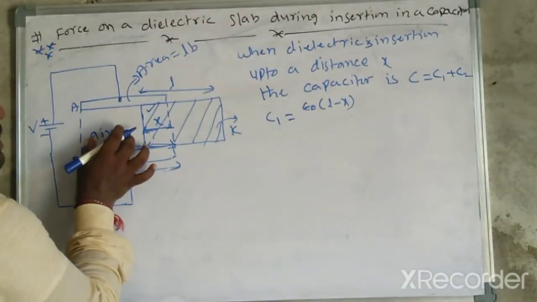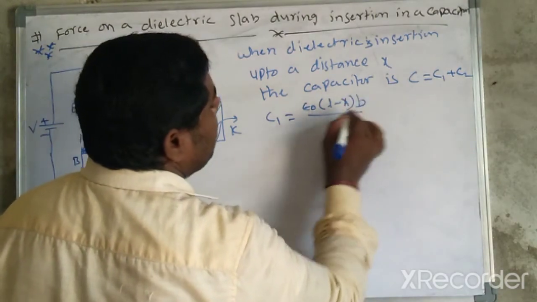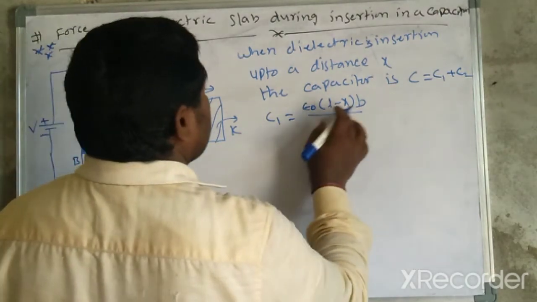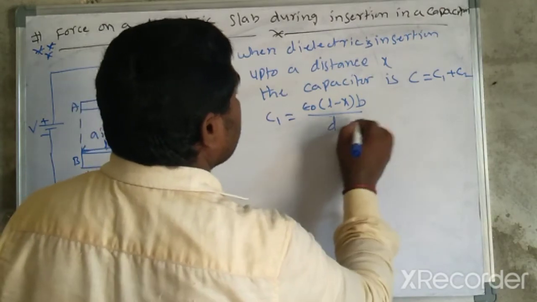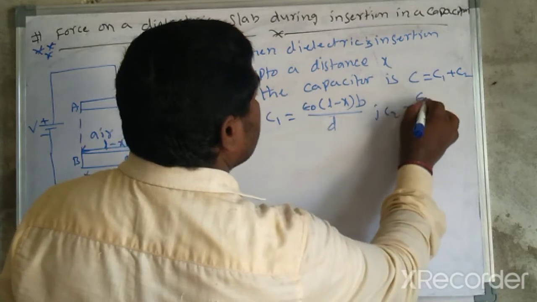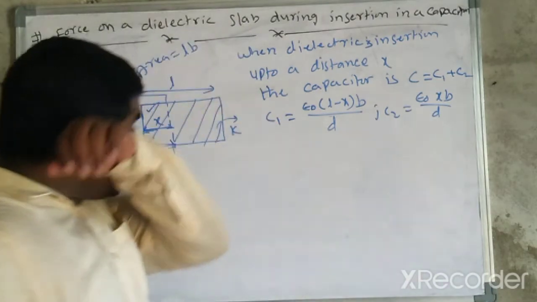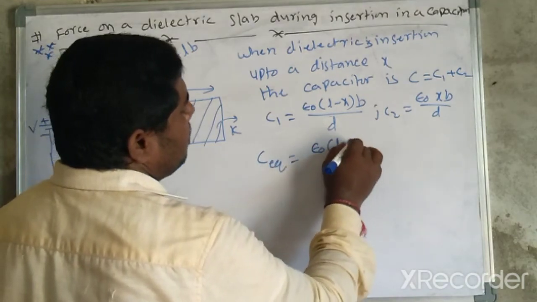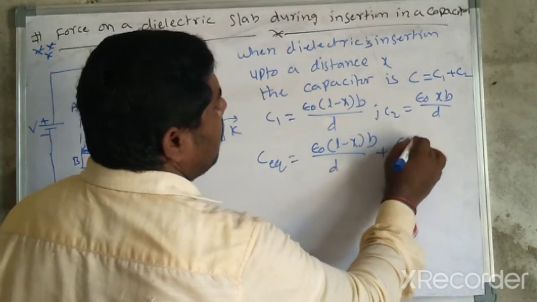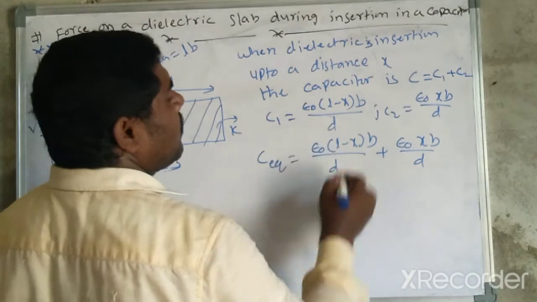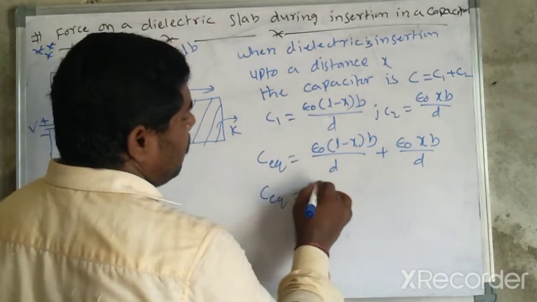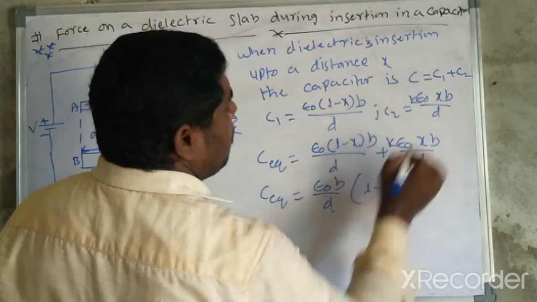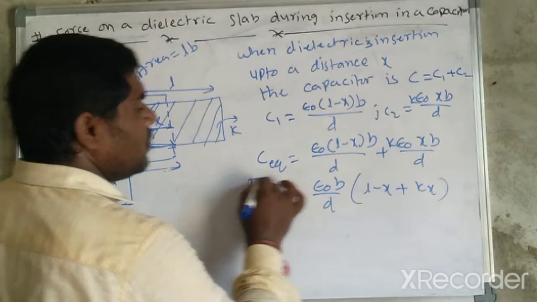The length is L minus x and the width is B, divided by D. So C1 is epsilon naught (L minus x) B divided by D, and C2 is equal to epsilon naught x B divided by D. So C equivalent is equal to epsilon naught (L minus x) B divided by D plus epsilon naught x B divided by D. Taking common epsilon naught B divided by D, C equivalent is equal to epsilon naught B divided by D into (L minus x) plus Kx.